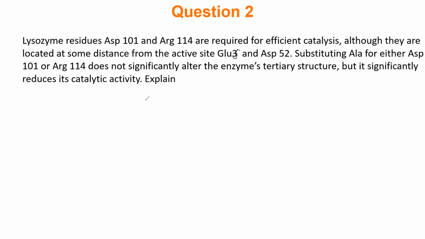So I want to know, what are your thoughts on this? Especially if you have not contributed today, I would like to hear from you. Why do you think mutating something far away from the active site would have an effect on the speed of this reaction?